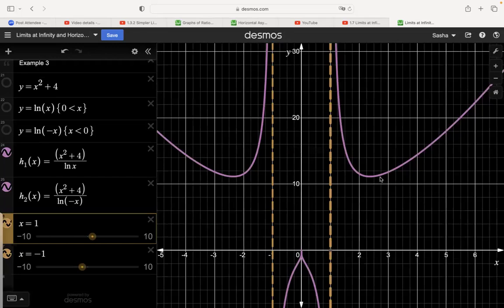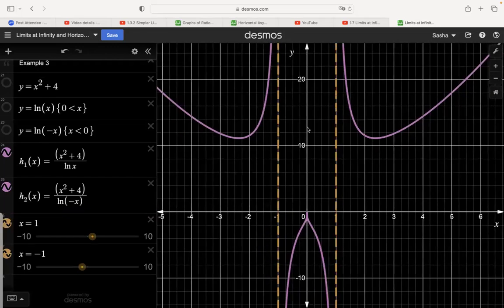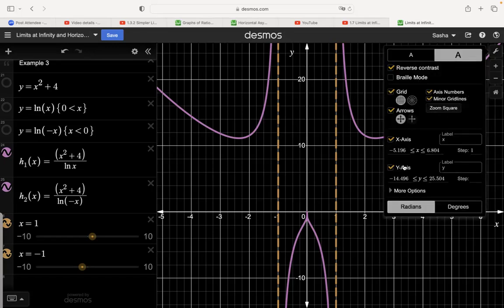Now, it kind of looks like it might, but maybe that's just because this y scale does not have the same sort of dimension as the x scale. 1 unit in the x direction is like this, and 1 unit in the y direction is like that. And that's just a choice, just because of the minimum and maximum value that we used for our x and our y here.